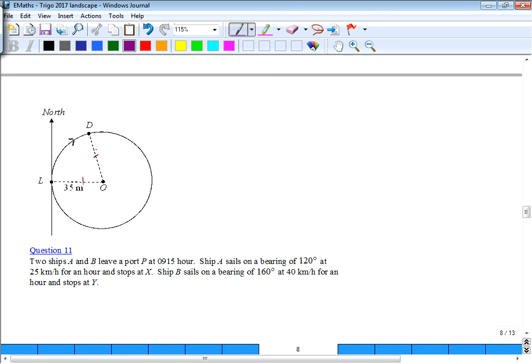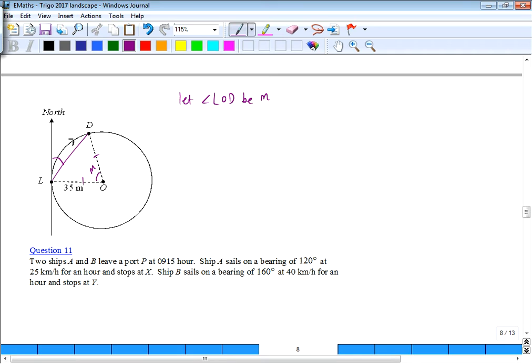They are both 35 degrees. Let us call this angle M. Okay, so let angle LOD be M. What we need to find is this angle, right?